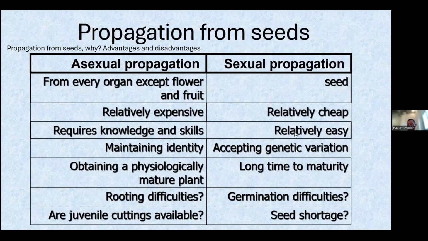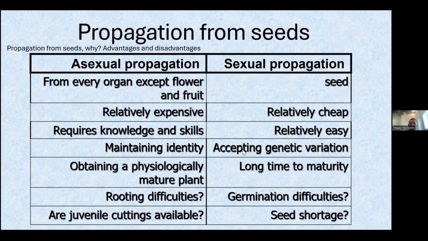As I said before, you accept genetic variation. Each one of the offspring will be different. It will take time until you get maturity. It means that the offspring are juvenile at the start, and it takes time to become older.